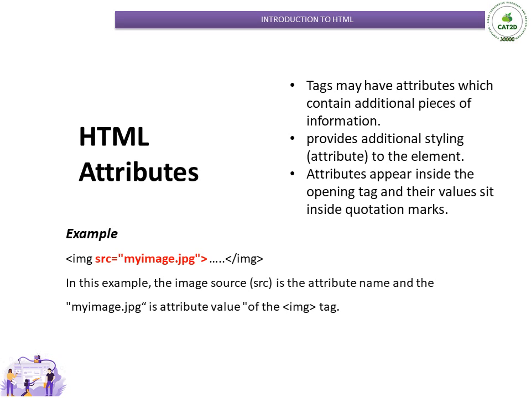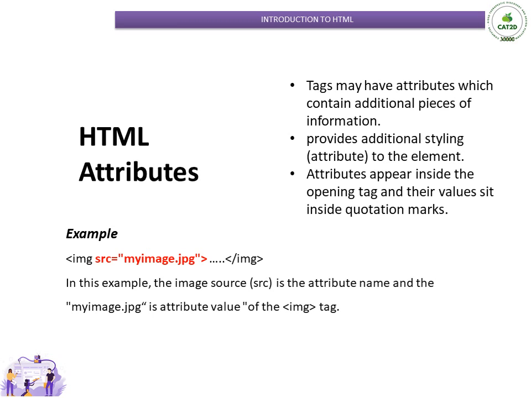An example here is the image tag with the source attribute. The SRC is the attribute name, while the attribute value is my image.jpg. So it can be your own image, it can be your logo, it can be anything.